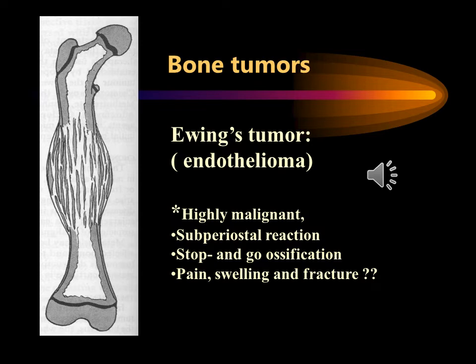Another type of bone tumor which is highly malignant is the Ewing tumor or endothelioma. Ewing's tumor, highly malignant with subperiosteal reaction as we see here in the figure, stop and go ossification. The pain is typical, severe pain, swelling, and pathological fracture can occur.